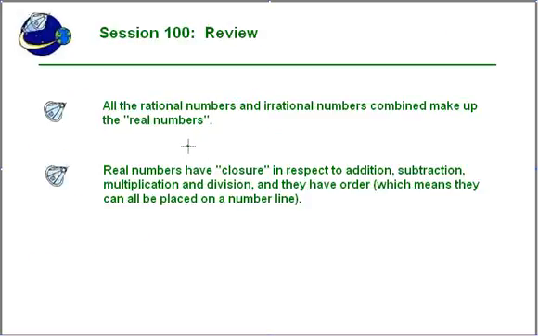All the rational numbers and irrational numbers combined make up the real numbers. Real numbers have closure in respect to addition, subtraction, multiplication, and division, and they also have order, which means that they all can be placed somewhere on a number line. That'll finish up session 100 on real numbers.